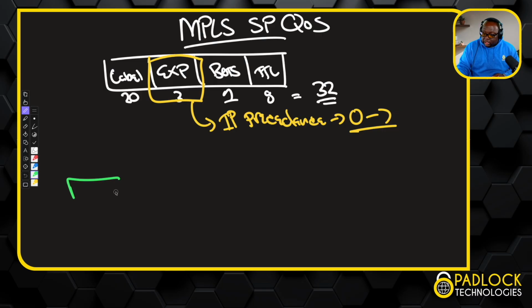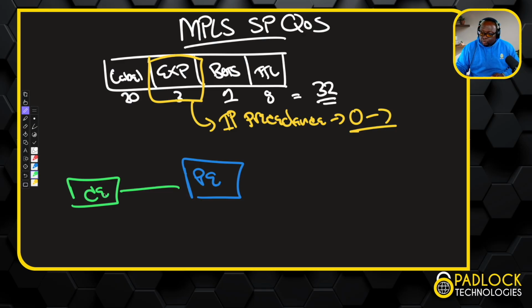When traffic, let's say here's your CE, and then here's the PE, hits the PE, what ends up happening is if you're sending something with a marking in it, that marking gets copied to every label that gets pushed onto it. So we have our service label, and let's say we have a transport label.